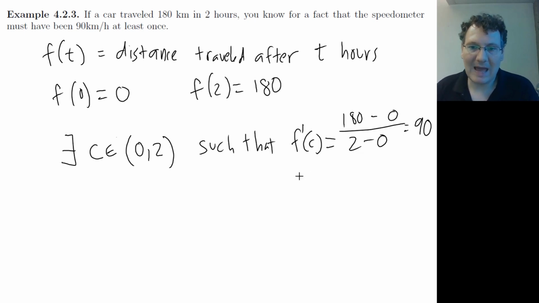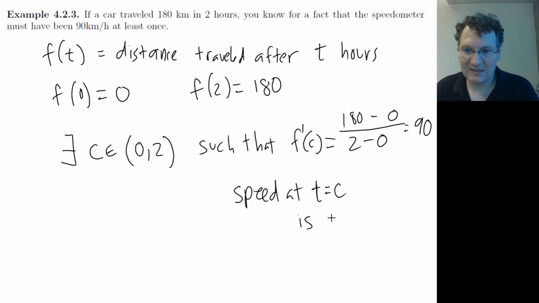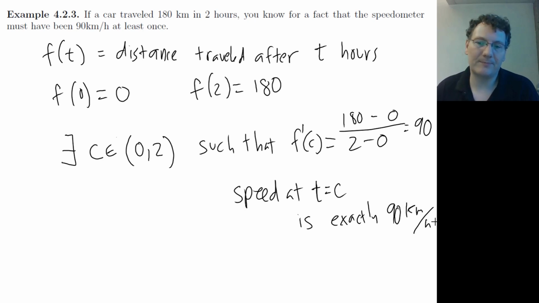So that means there has to be some time between 0 hours and 2 hours where the rate of change of distance, i.e. the speed, at time c is exactly 90 kilometers per hour. That must exist by the mean value theorem.